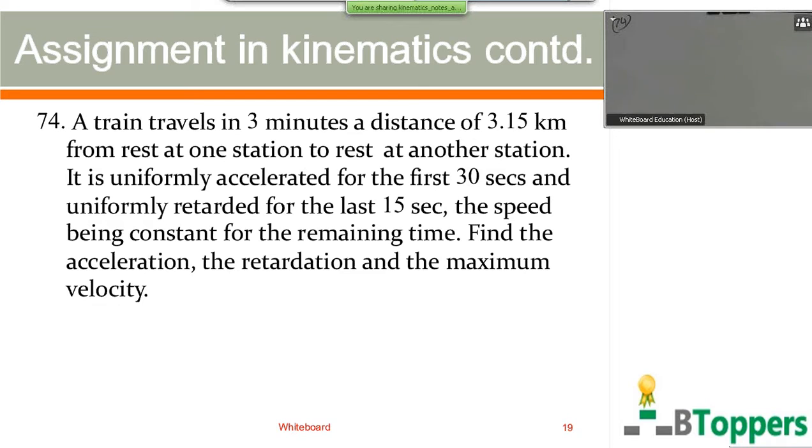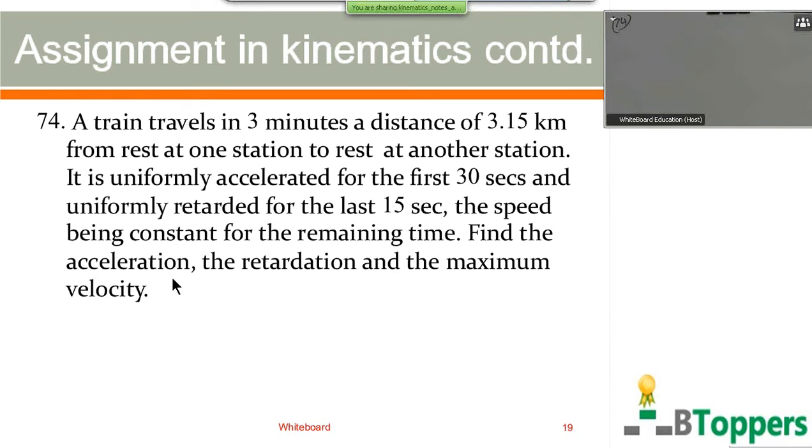A train travels in 3 minutes a distance of 3.15 kilometers from rest at one station to rest at another station. It is uniformly accelerated for the first 30 seconds and uniformly retarded for the last 15 seconds, the speed being constant for the remaining time.